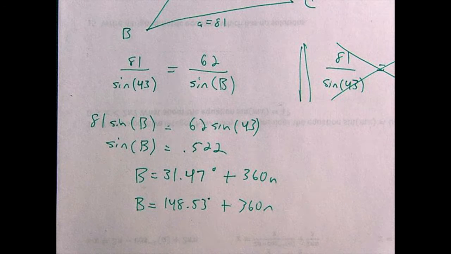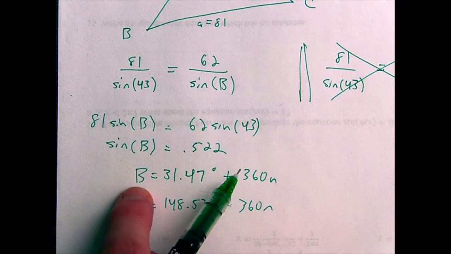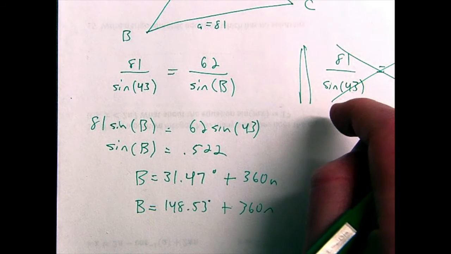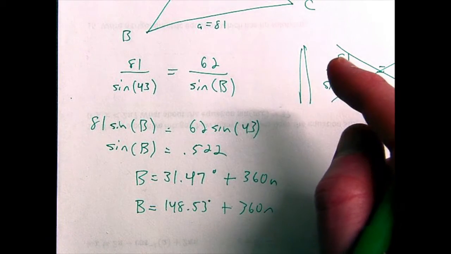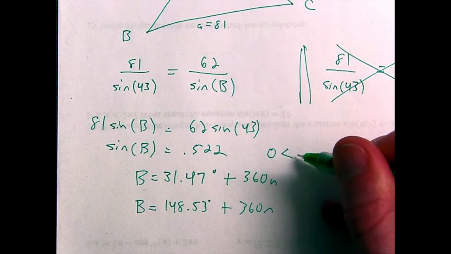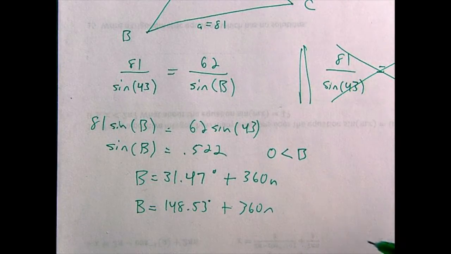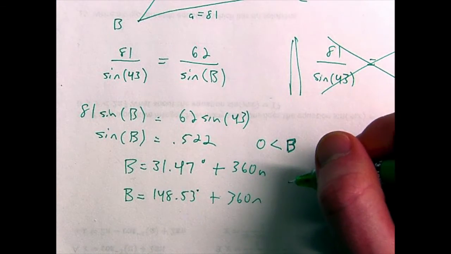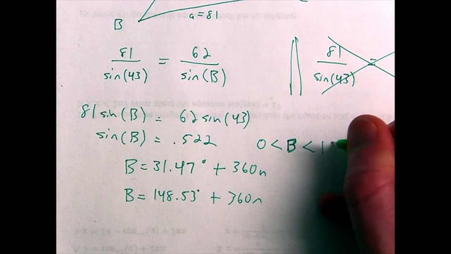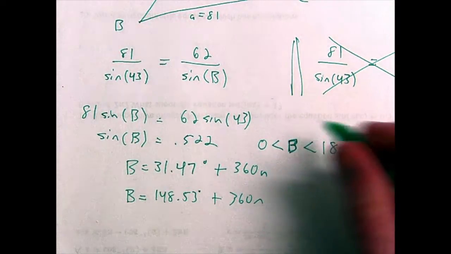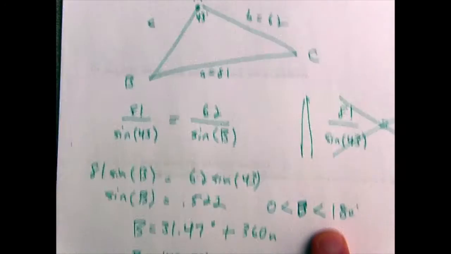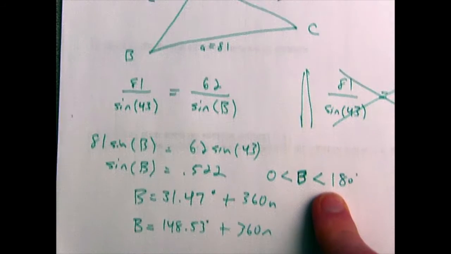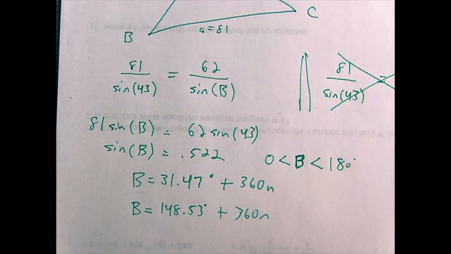So these two formulas give you the infinite number of solutions to this equation. However, remember that B is an angle inside of a triangle, which means that it needs to be less than 180. So even though I didn't write it, we technically have a restriction here. It should be bigger than 0, since it wouldn't make sense to have an angle of 0 degrees inside of a triangle, and also less than 180. Even though I didn't give you this restriction, it's implied by the fact that angle B is sitting inside of a triangle.